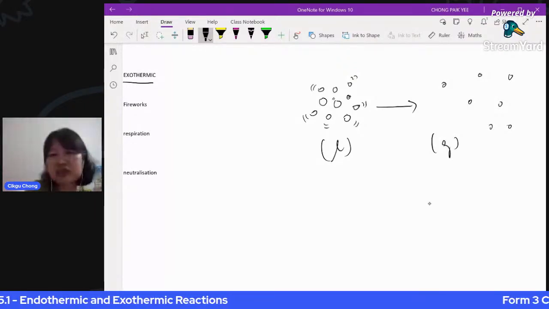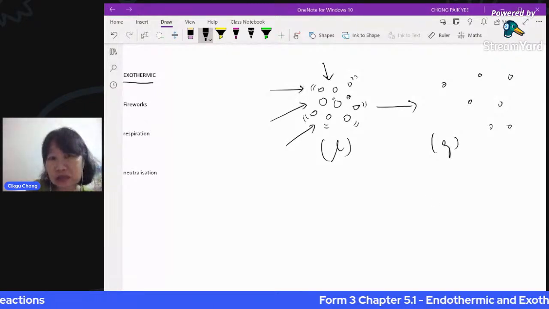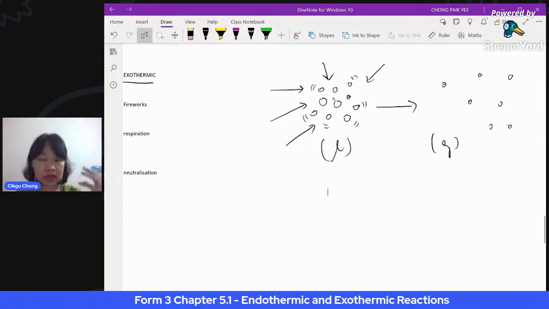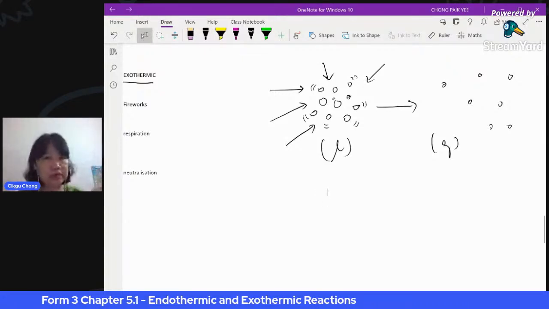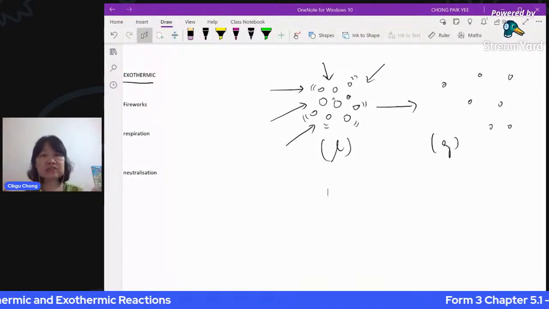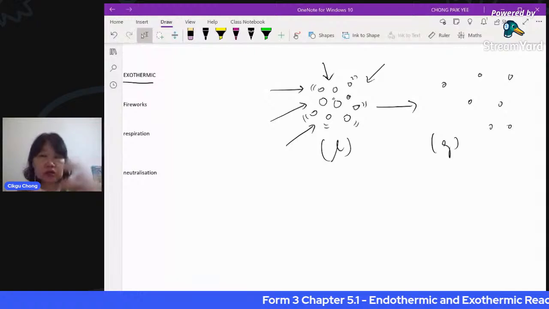So that means it has to what? In order for them to get energy, to move faster, it has to absorb heat. Then only you can move faster. If you don't have enough energy, how is it going to move faster? You must get energy absorbed.